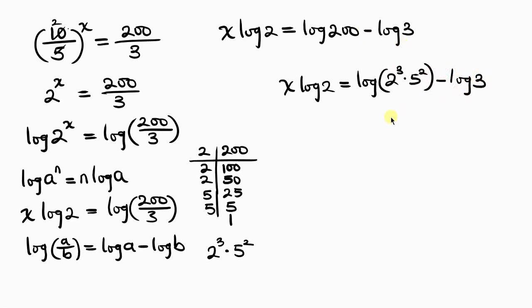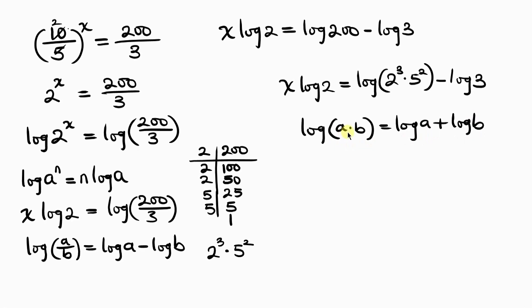Now our next step will be for us to apply another law of logarithm, but that one is for multiplication. So when I have, for example, log a times b, this is same as log a plus log b.